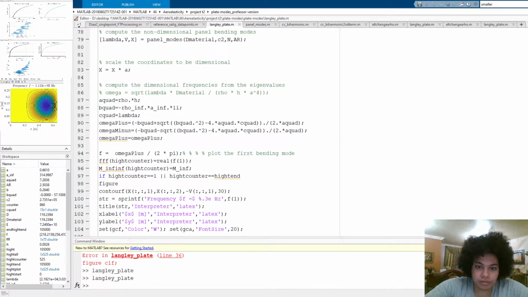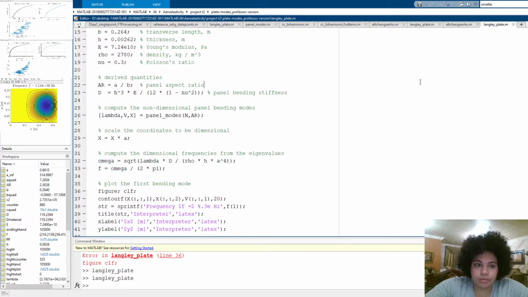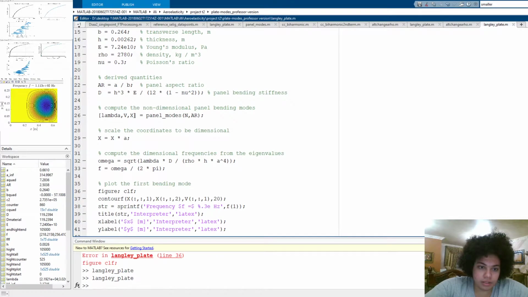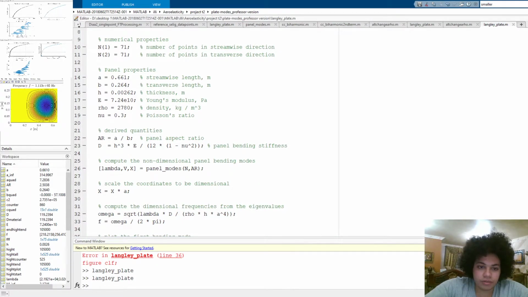The code that we're given is this code, which uses panel properties and number of panels, and then uses some function that we will discuss called panel modes to get the eigenvalue and eigenvector, and then we calculate the omega, and from the omega we get the frequency, and then by changing the first frequency or second frequency and the eigenvector, we get different mode shapes for the panel. Now we know how to get the first figure.